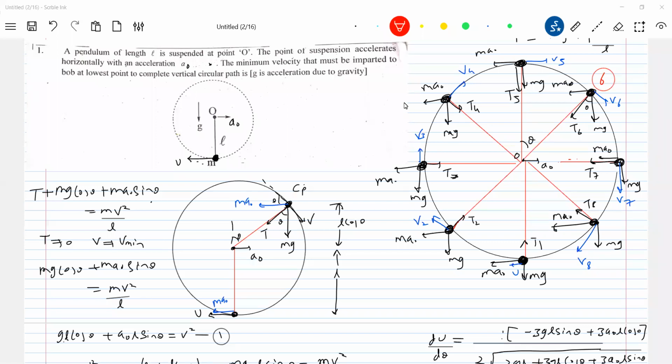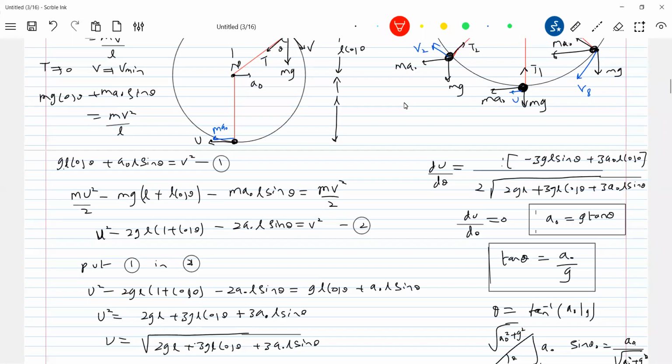Sir, can you tell how tan theta is a naught by g? Okay, from mathematics, du by d theta, differentiating. Sir, here if we differentiate, we also will get it, right, because it's V minimum. No, directly I'm going for u minimum: what minimum velocity should I project it with? So directly I'm calculating that.